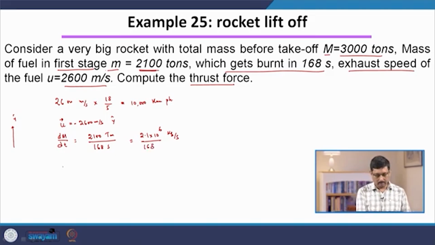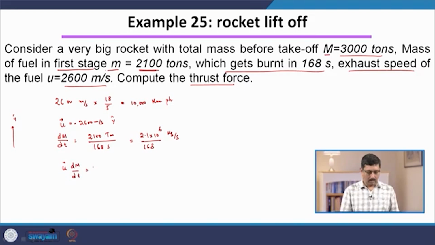Then the problem is to calculate the thrust force. I will leave it as a take-home exercise for you to insert the numbers and calculate the output, and also compare this number with the weight of the rocket and see whether this force is bigger than the weight of the rocket. Only then will it be able to lift the rocket from the ground.